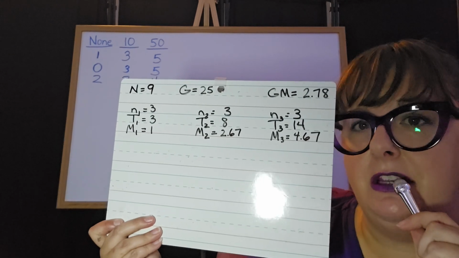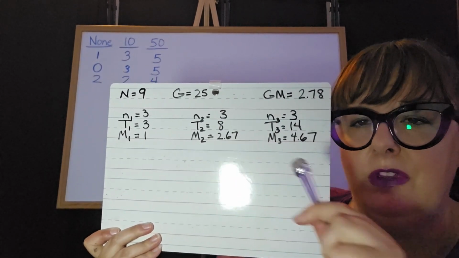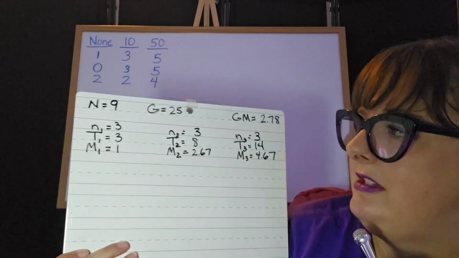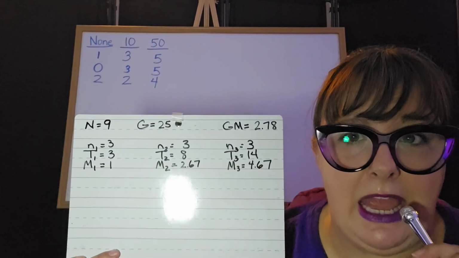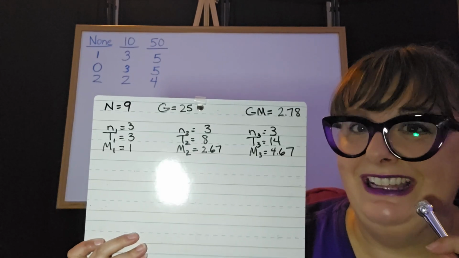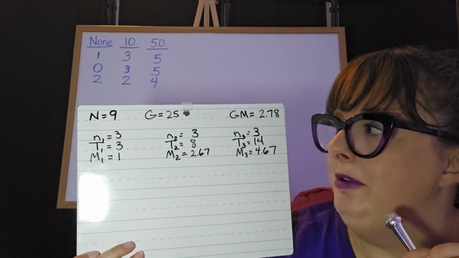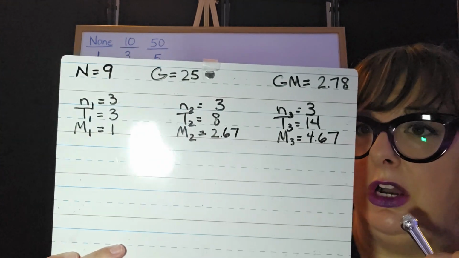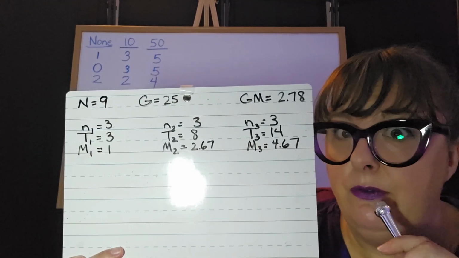You also need to compute G and GM, but it's easier to compute those if you compute the other things first. So first of all, you have to compute the lowercase n for each group. Lowercase n is the number of scores in each group. I've labeled my groups 1, 2, and 3 because that works for me. You can use any system you want for keeping them straight.